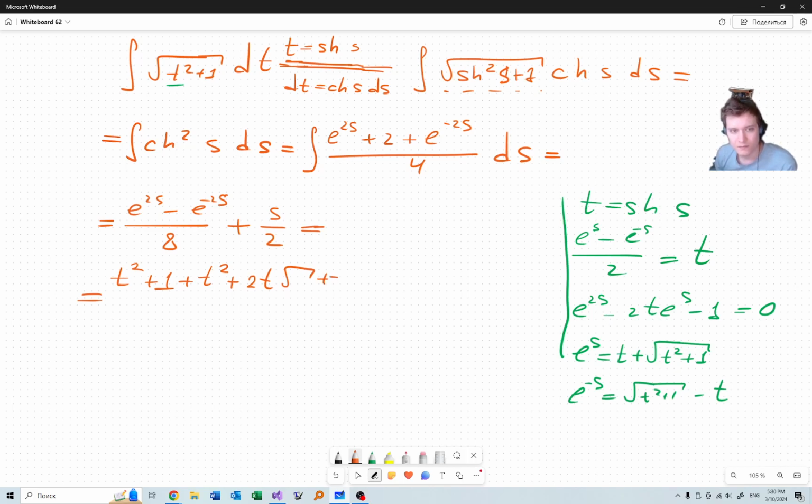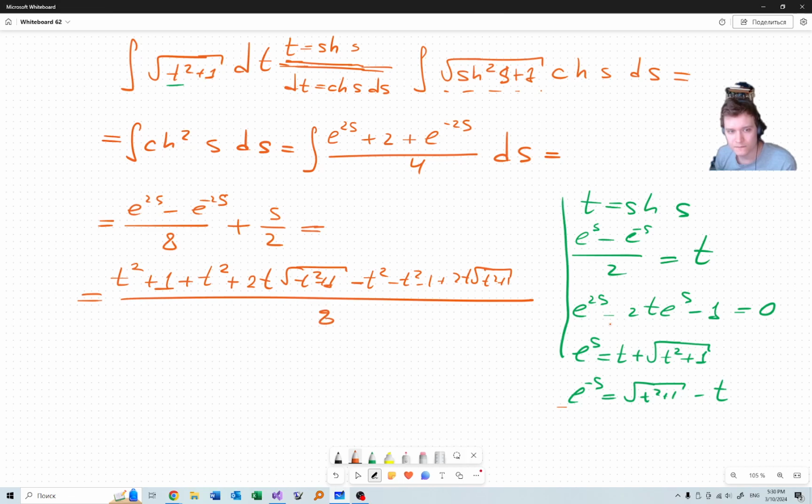Then again, this is the most important thing, minus 2t root of t squared plus 1. After that, minus the square of the lower thing. So again, it is minus t squared minus 1, and again plus 2t square root of t squared plus 1, over 8. And plus s over 2. And s is easily a logarithm of t plus square root of t squared plus 1.